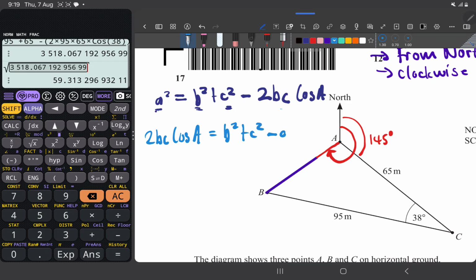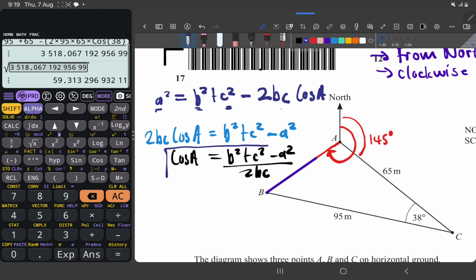This A squared is now coming to subtract this side. Good. Then we take 2bc to the other side. We'll now have just cos A is equal to b squared plus c squared minus a squared over 2bc. This is the version we are going to use. Woo! Some people are becoming so good. And now we use this version if we are looking for an angle at A, which is where our angle actually is.